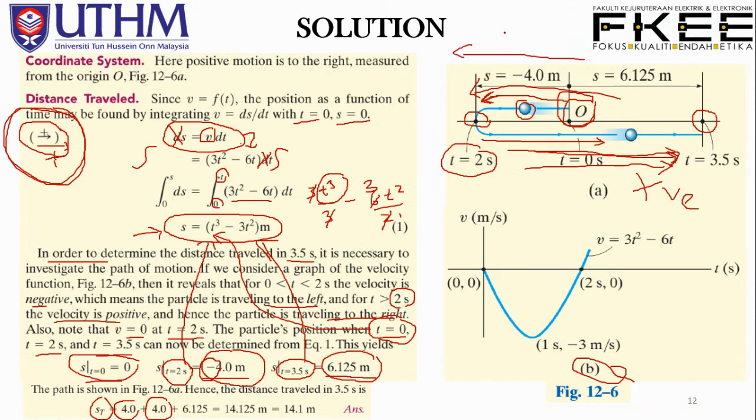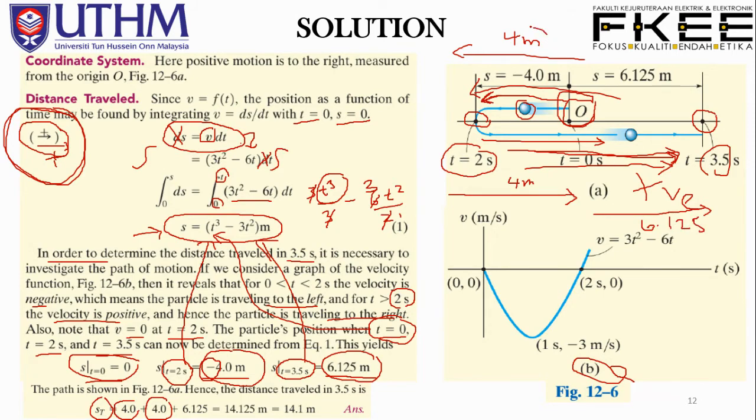is 4 meter to the left, negative direction, for example, and then it starts moving to the original position again, another 4 meter, and then plus here at time equal to 3.5, this is 6.125 meter.